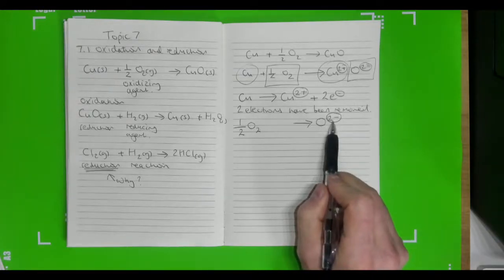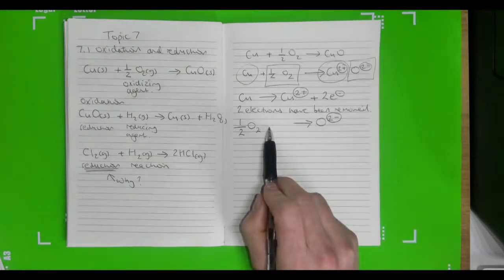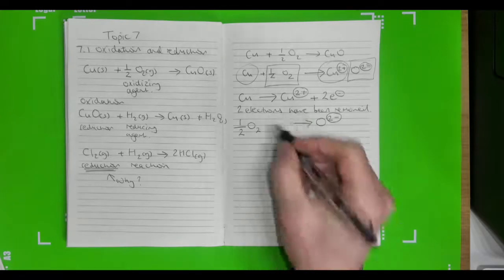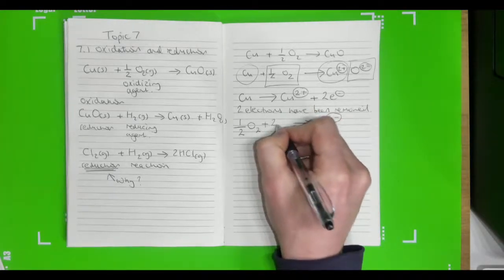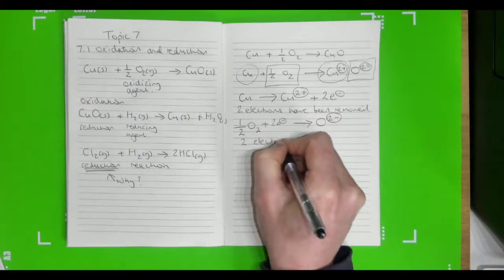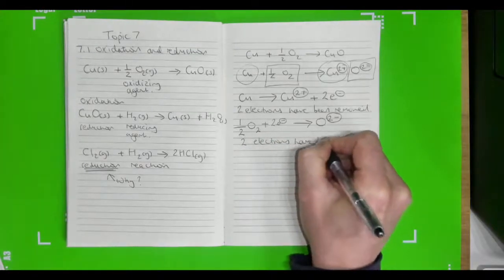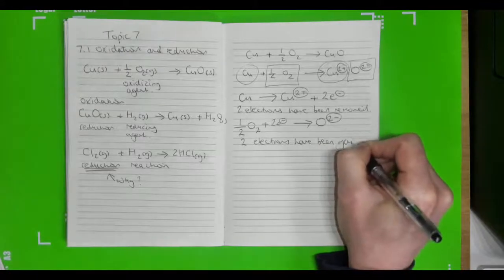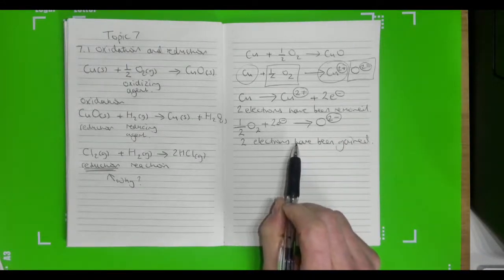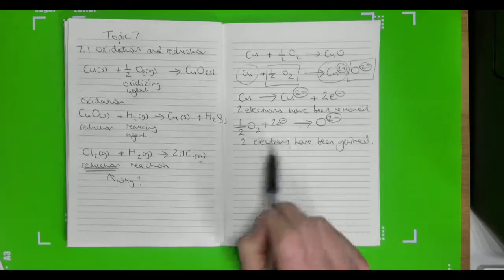We have a 2 minus charge on this side of the equation. Therefore I need a 2 minus charge on this side of the equation. So I need to gain 2 electrons here. So I add 2 electrons instead. So 2 electrons have been gained.